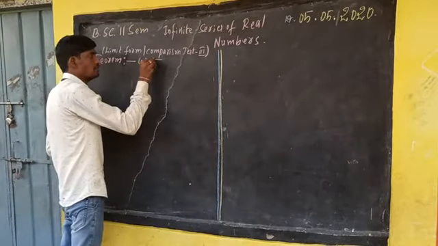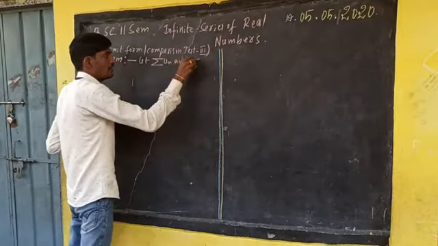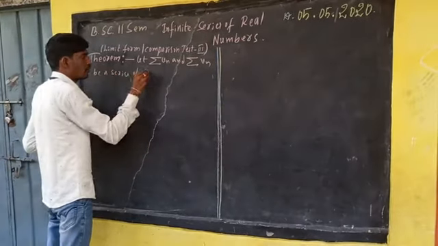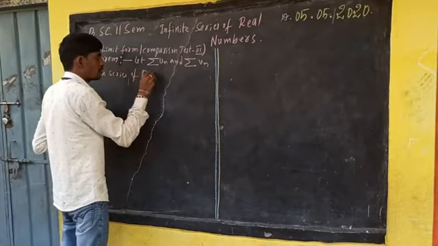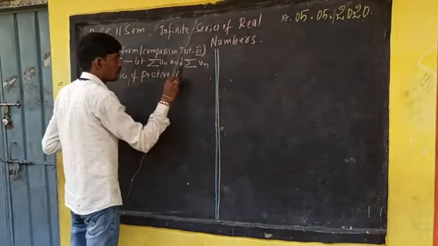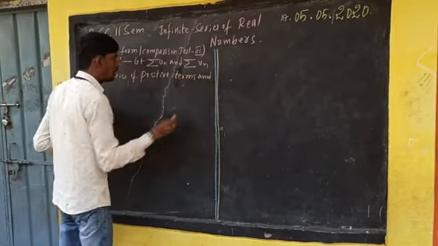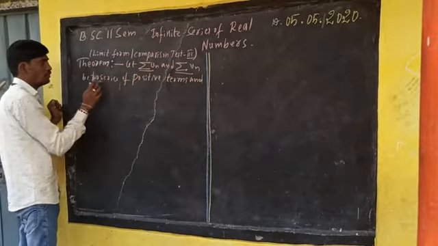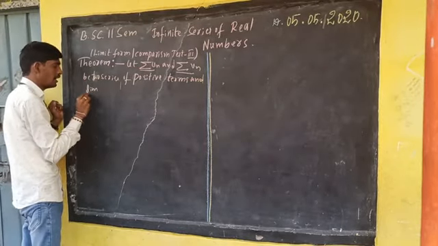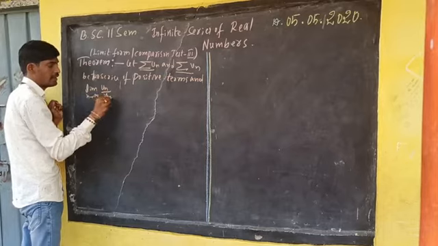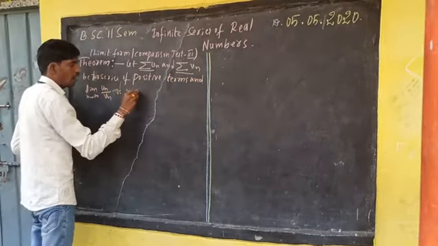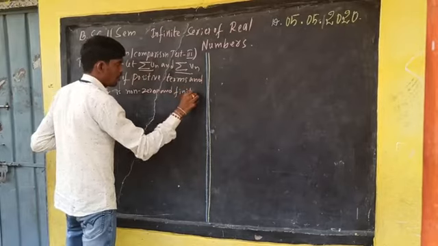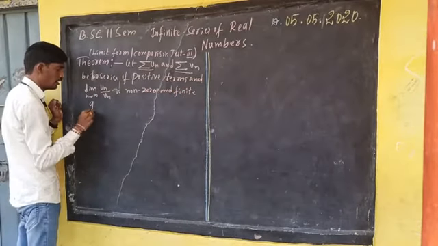Let summation un and summation vn be two series of positive terms, and limit as n tends to infinity of un by vn is a non-zero and finite quantity.